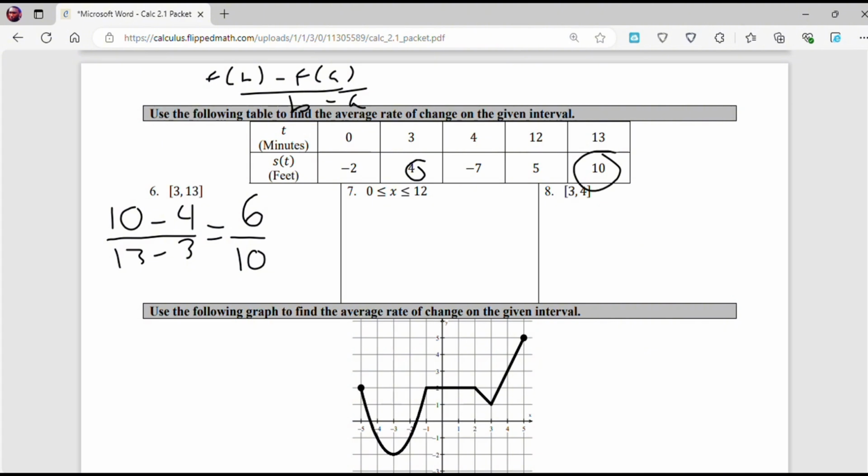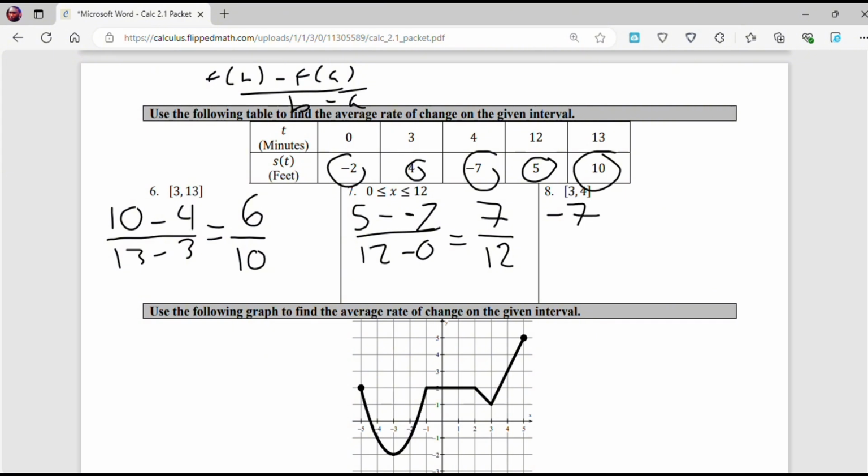Here we go. Next question. S of 12 given as 5. S of 0, negative 2, over 12 minus 0. And that is 7 over 12. Okay, and then last one we have S of 4, negative 7 minus S of 3, which is 4, over 4 minus 3, negative 11.